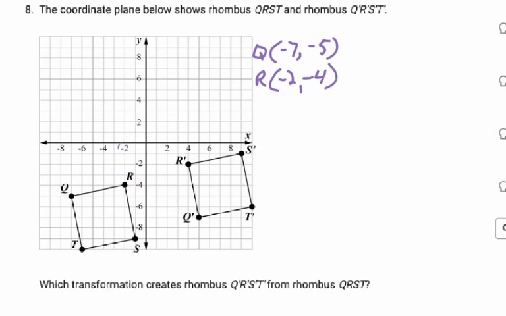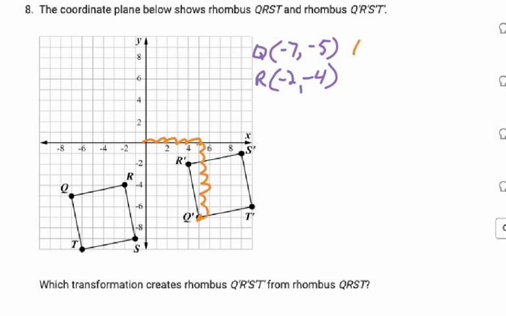Great. Let's go to the image now, and let's write down the complementary points and see what our rule looks like. So let's go with the Q over here in this rotated image. Where are those coordinates? 1, 2, 3, 4, 5, and then down 1, 2, 3, 4, 5, 6, 7.